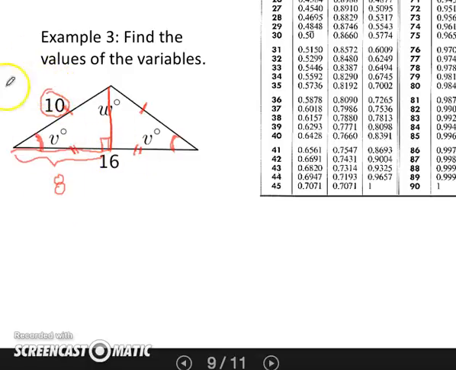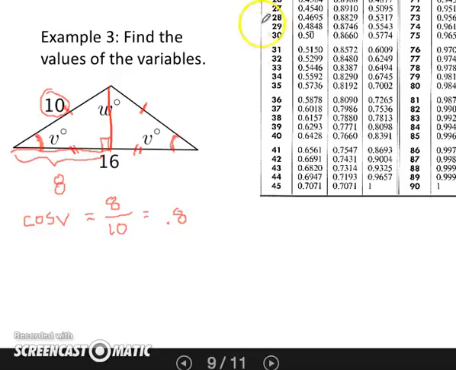So adjacent and hypotenuse, what would be the most convenient trig function? I'm going to choose cosine. The cosine of V is equal to the adjacent side, 8, over the hypotenuse, 10. And that's an easy number. It's just 0.8.